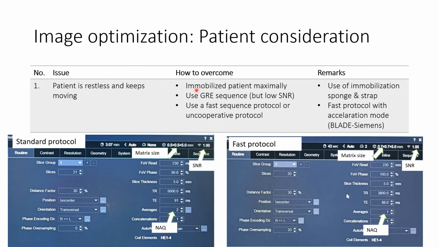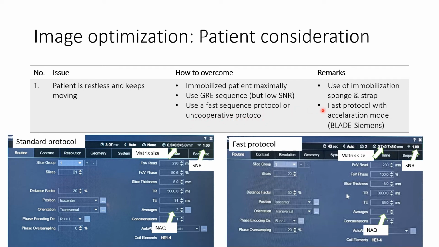We immobilize the patient maximally by using an immobilization sponge and patient strap. We also use GRE sequence but with low SNR. We use a fast protocol sequence or uncooperative protocol.